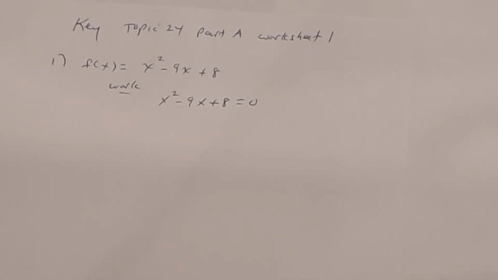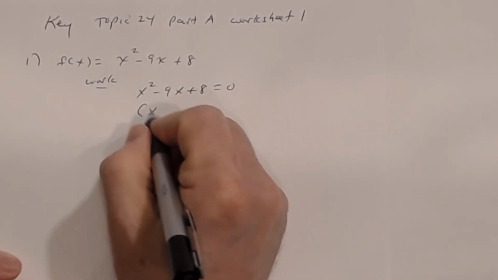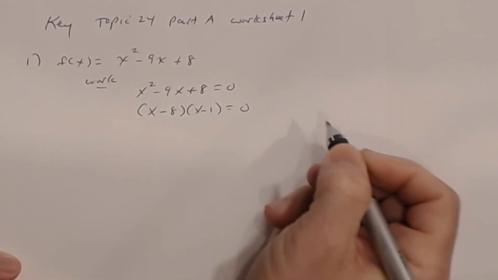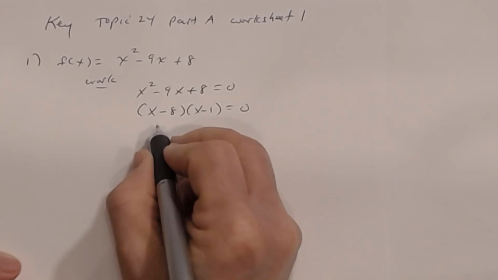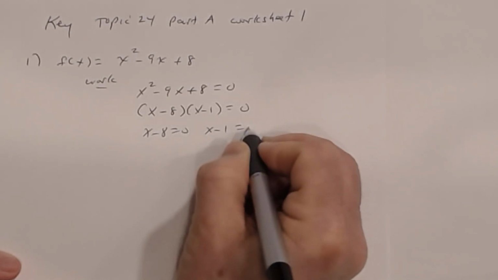This particular quadratic equation is factorable, so I'm going to go ahead and factor this. When I factor this, I get x minus 8 times x minus 1 equal 0. Then using the zero factor property, I get x minus 8 equals 0, x minus 1 equals 0.